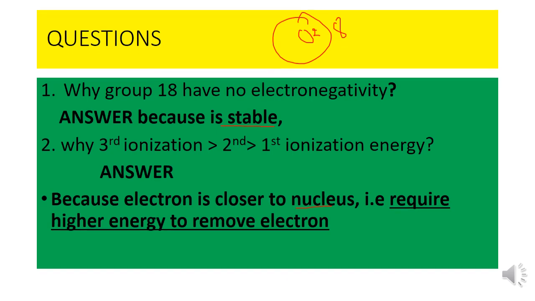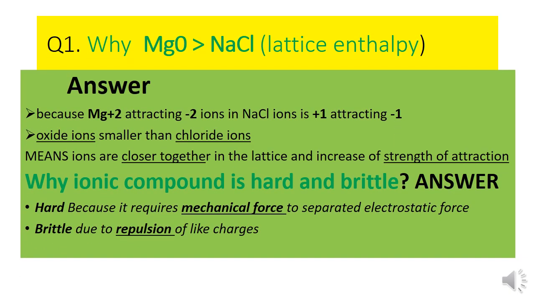Question one: why is magnesium oxide greater than sodium chloride in terms of lattice energy? Because the magnesium ion is attracted to two ions, while in sodium chloride the ion is attracted with one electron.